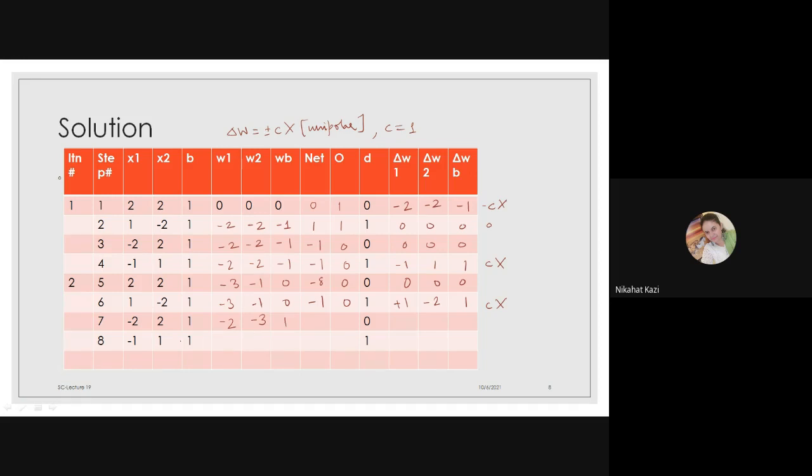Multiply these two. What are you getting as a net? Minus 1. Put a 0, no change.